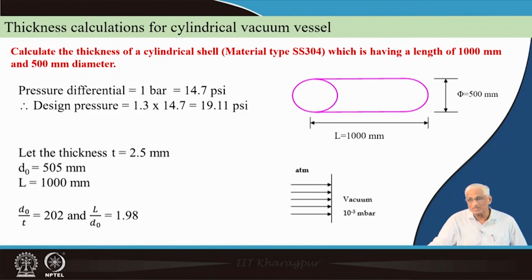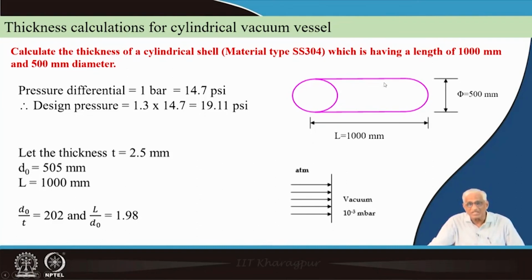Reliability is very important because the pumps and other components are very costly. So the material of the chamber should also be quite costly, without any micro cracks. Very good finishing has to be done, with sufficient thickness, and if necessary external stiffeners have to be added. Very detailed design has to be done for ultra high vacuum chambers.